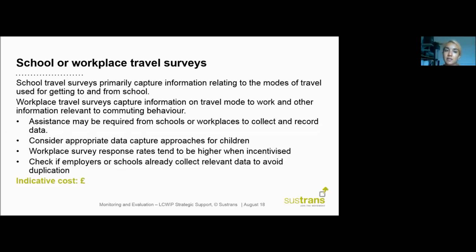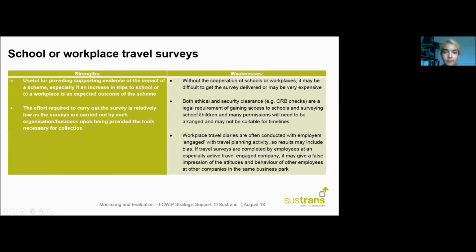In terms of indicative costs, they can be quite cheap to implement, but often this is contingent on having a partnership arrangement with the institution that can support the data collection. They're very useful for providing evidence on the impact of travel to school or workplace. But as I said, this is probably only relevant if the delivery is relevant to travel to a school or workplace.